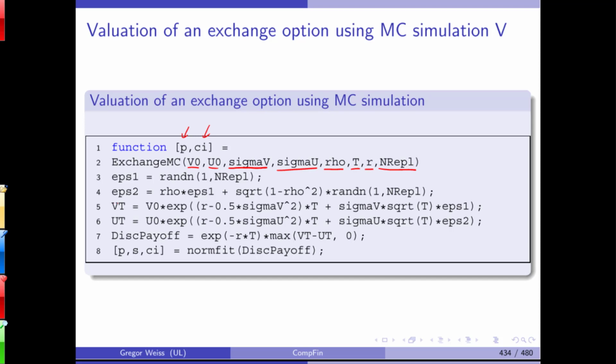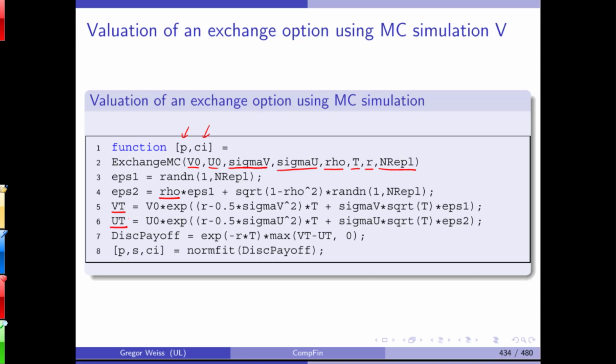Epsilon 1 and epsilon 2, those are the vectors that take on the simulated values from the standard normal distribution using rho. Then Vt and Ut, those are the final values of the stock price.